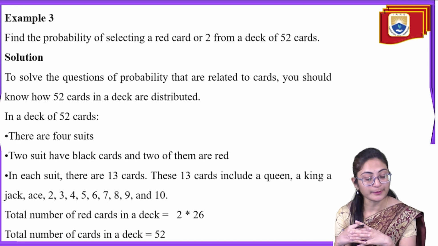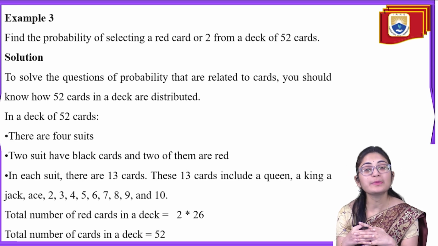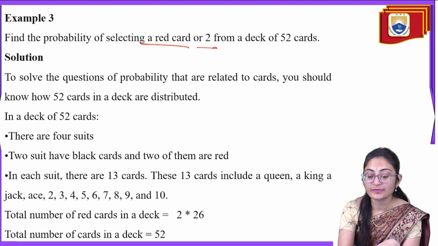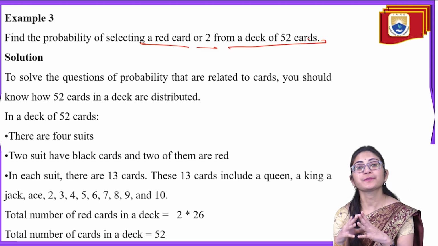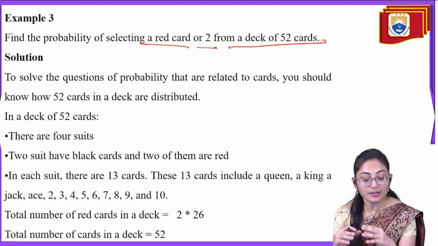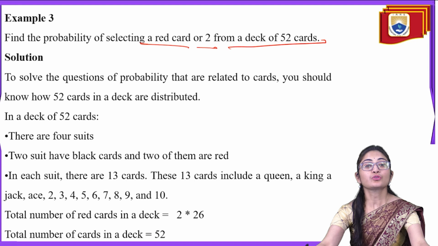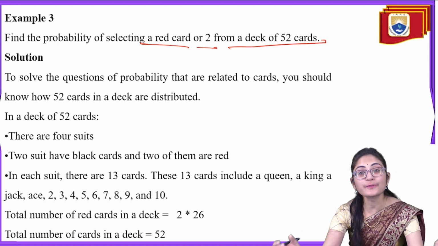Now example 3: find the probability of selecting a red card or a 2 from a deck of 52 cards. Now we have to solve probability questions related to cards, so you should know how the 52 cards in the deck are distributed.